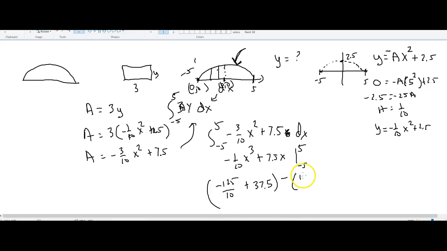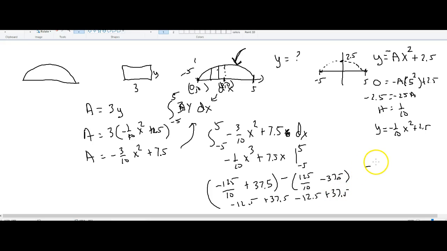I'm going to get positive 125 over 10. And then I'm going to get a minus 37.5. So this becomes negative 12.5 plus 37.5 minus 12.5 plus 37.5.